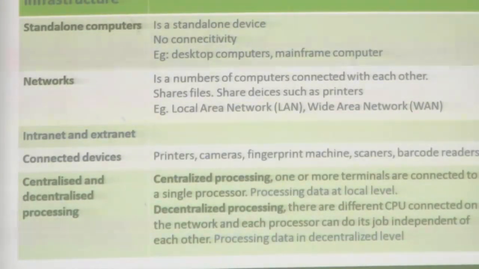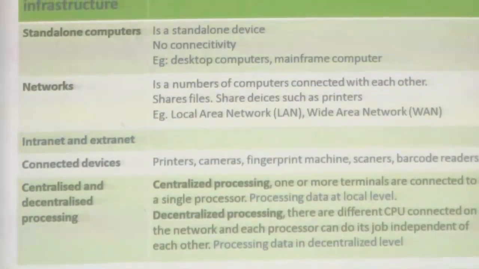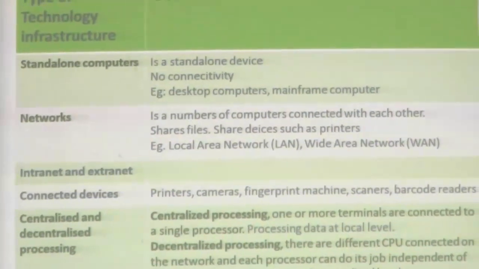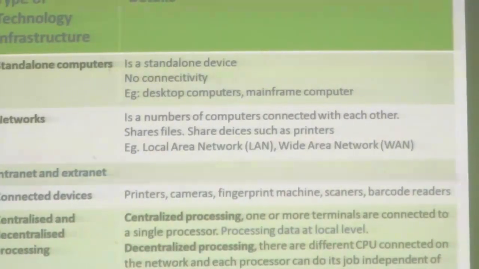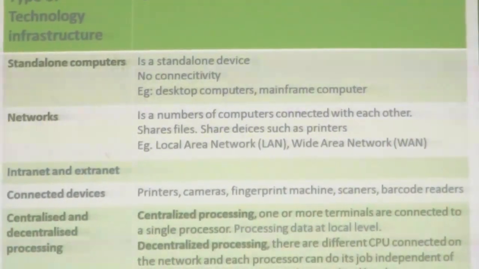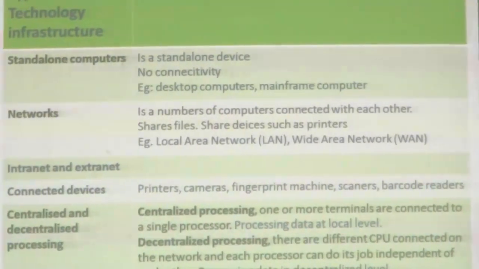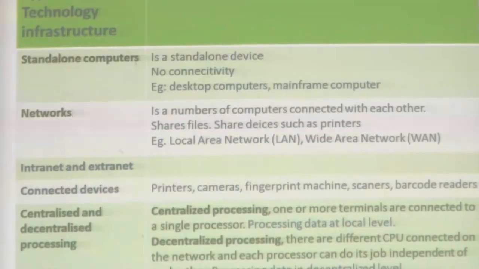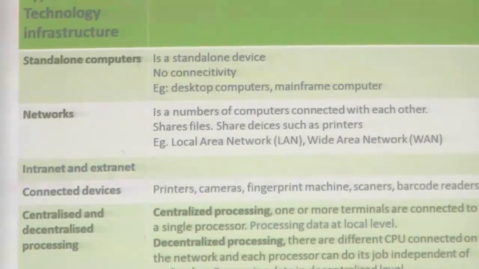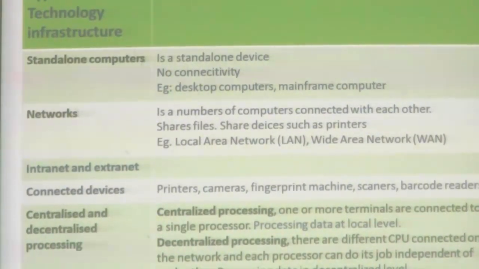So no network is there. It's a standalone device. In a question paper, it can be asked what the features of standalone computers are. Let's say they say there is connectivity between computers. That is wrong. Then you have to identify the best feature, and they will give examples.